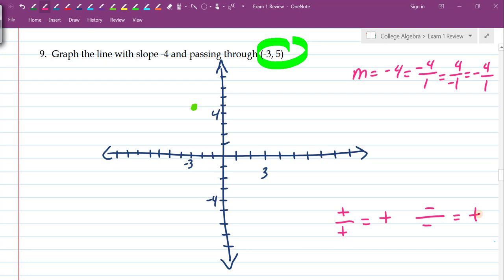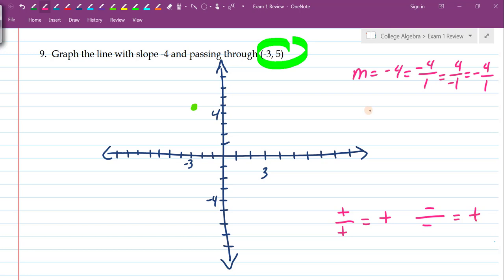So when you're dealing with a negative slope, make sure you only change the sign of either the numerator to be negative and the denominator to be positive, or you may make the numerator be positive and the denominator be negative. But you may not change them both to negative, because that actually results in a positive slope. So it's very important that when you're counting off your slope that you only change the numerator or the denominator to be negative.